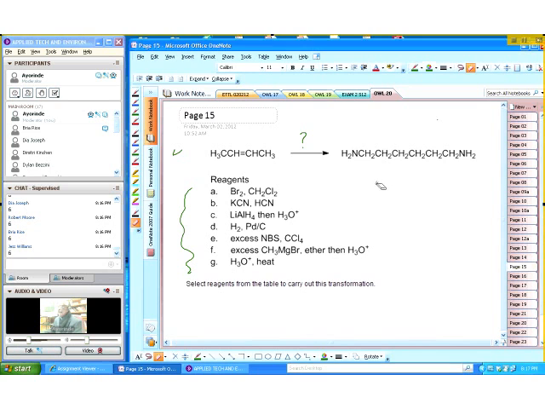So the 2 questions I have for you: how many extra carbons do we need to add to the starting material to get to the product? How many extra carbons? 2. Okay? So that is good. Then we also need to make 2 amino groups, 2 primary amines.